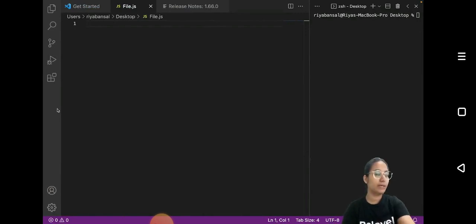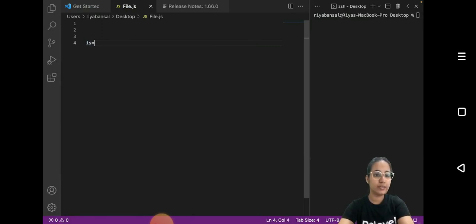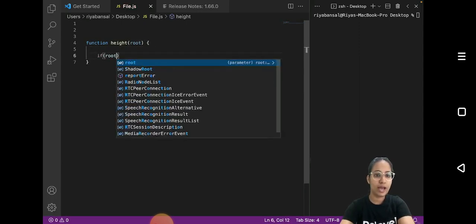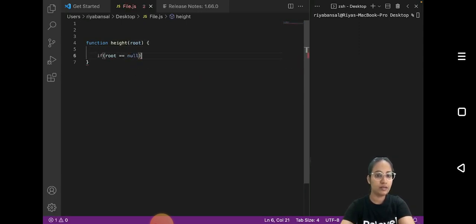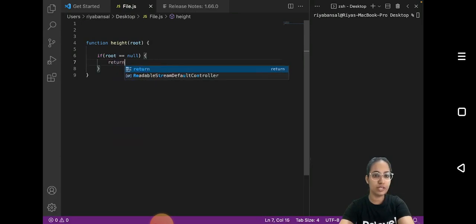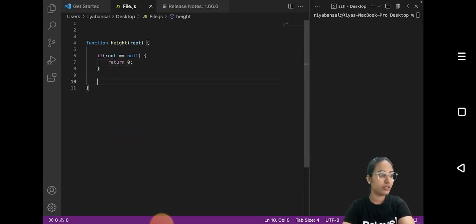So let's take a look at the implementation now. First I'll write the function height. We are passing the root, and if the root is null, I'm considering that to be a scenario of 0, so I'll return 0 in that case.